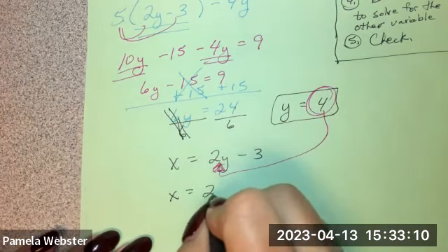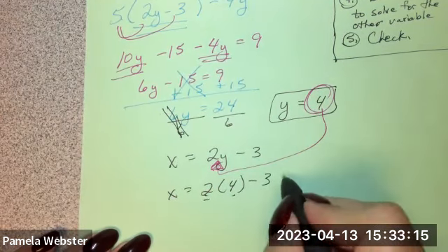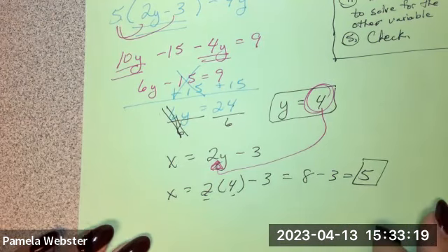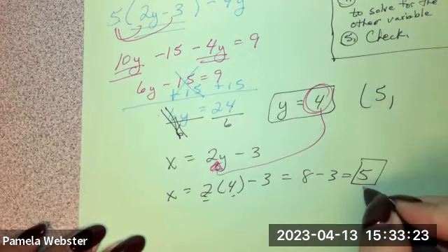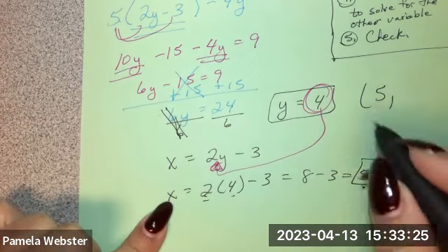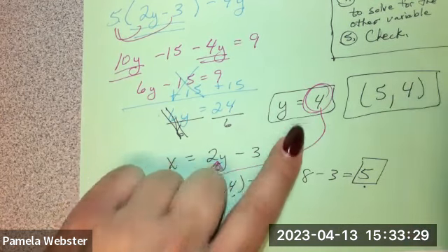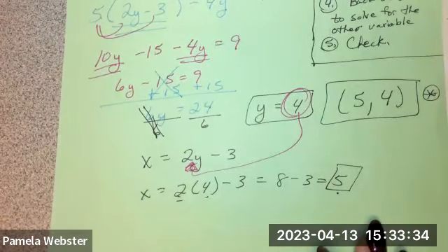So x equals 2 times 4 minus 3. 2 times 4 is 8, minus 3 is 5. So that tells me x equals 5, right? Put it in the correct order. x comes first, y equals 4.